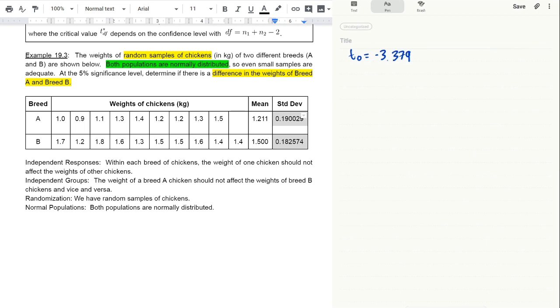So now we can find our p-value. Okay, so now we are performing a two-tailed test because our alternative hypothesis is two-tailed. And so the p-value is going to be the area of both tails. Our test statistic is negative 3.379, and so we want the area of both tails.